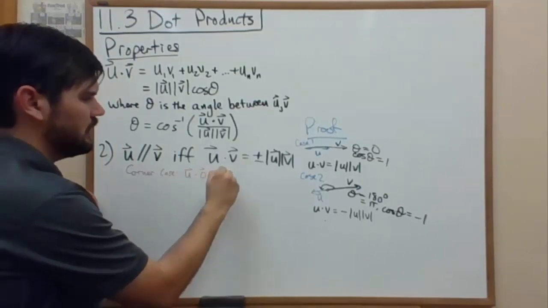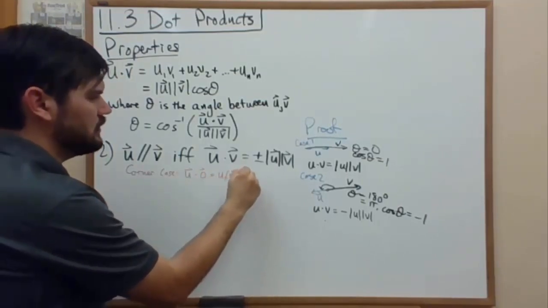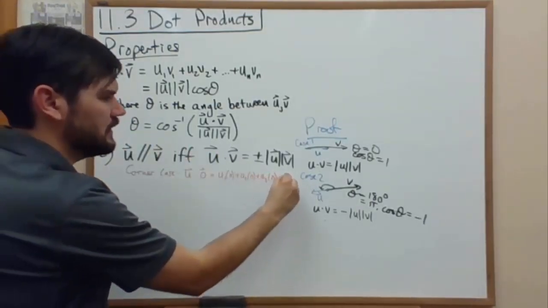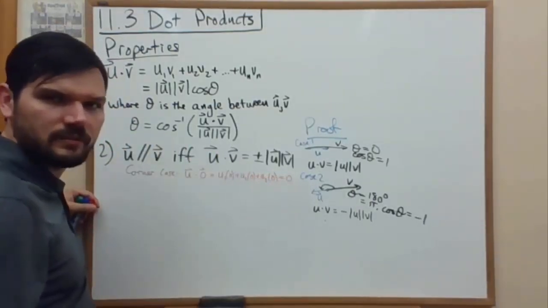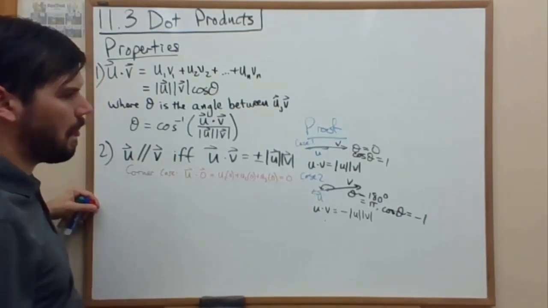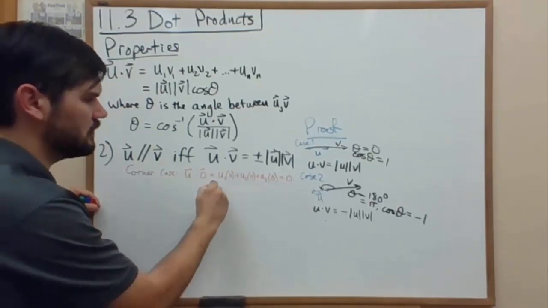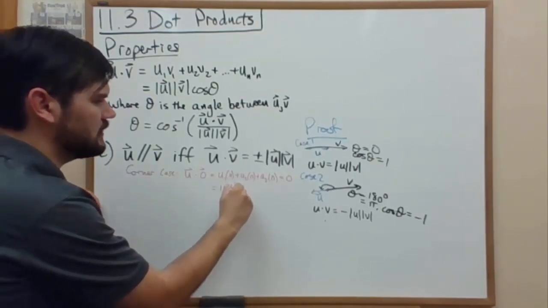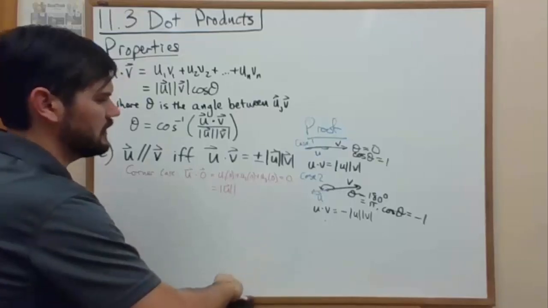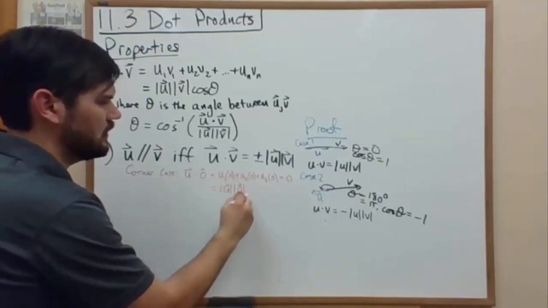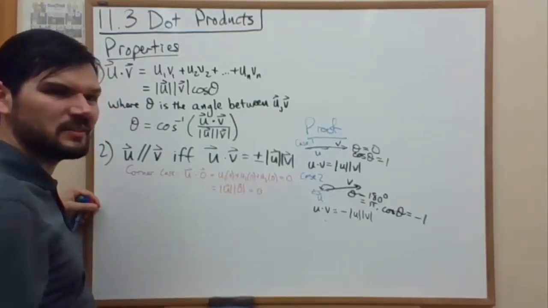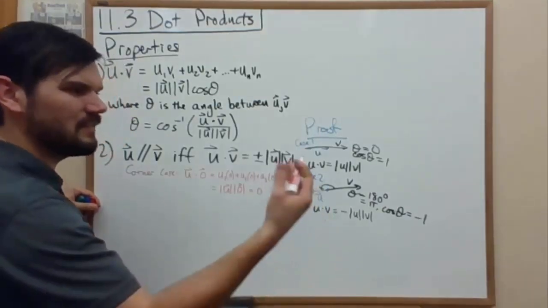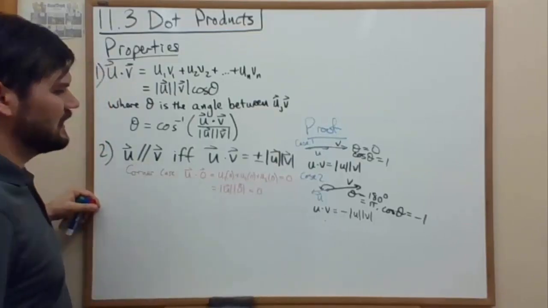So this would be u1 times 0 plus u2 times 0 plus u3 times 0. Well, that obviously is 0. The dot product of anything and 0 is 0. Well, that's also equal to the magnitude of u times the magnitude of the 0 vector. It's not an angle, it's a 0. Because the magnitude of the 0 vector is 0, the square root of the sum of the squares of the entries, which are all 0.